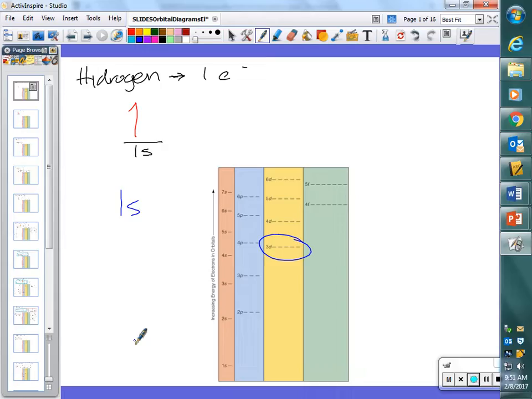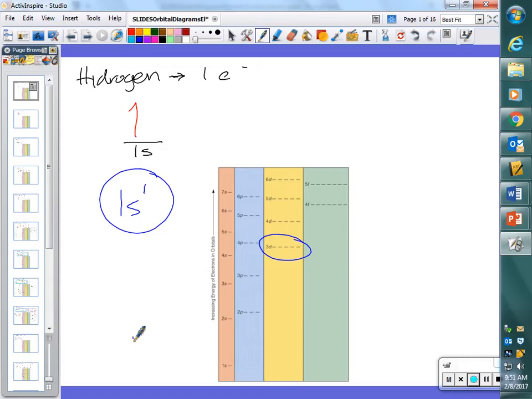And then we use superscripts to represent the number of electrons in that orbital. We know that hydrogen has electrons in the 1s orbital, but how many? Just 1. So we use a little exponent to represent the number of electrons. So the electron configuration for hydrogen is 1s¹.